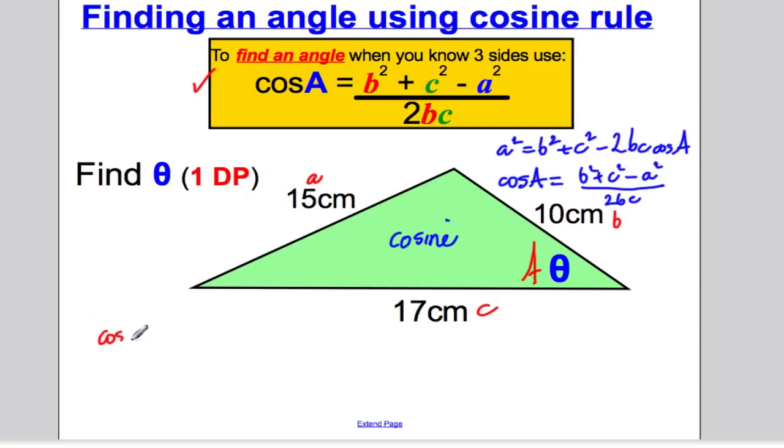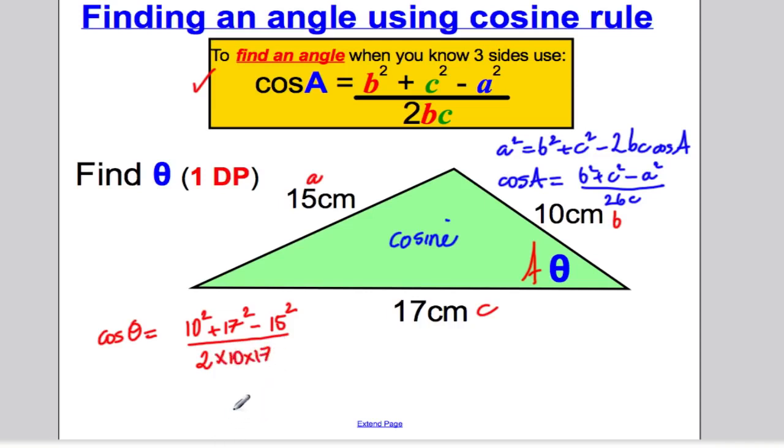So cos of the angle you're trying to find, theta, must be b squared plus c squared, so 10 squared plus 17 squared, minus a squared, so minus 15 squared, divided by 2 times b times c, so 2 times 10 times 17.